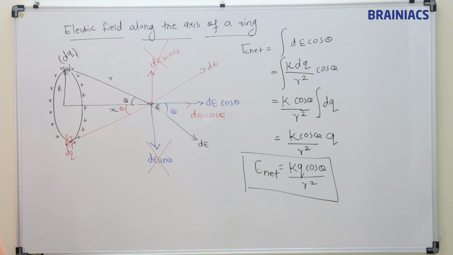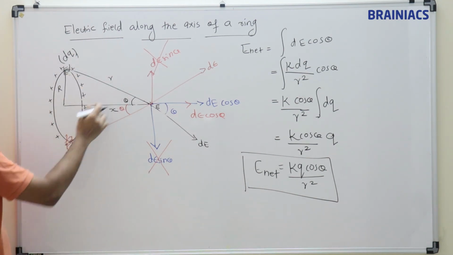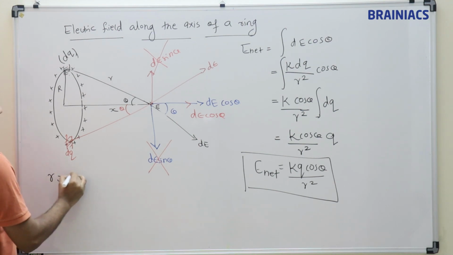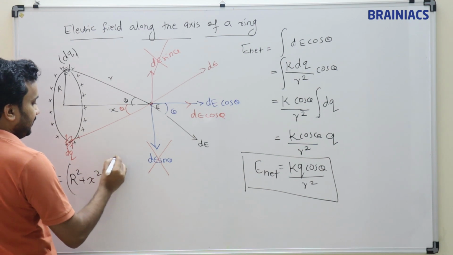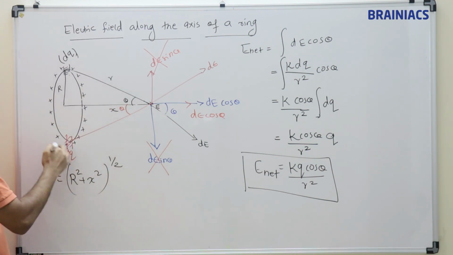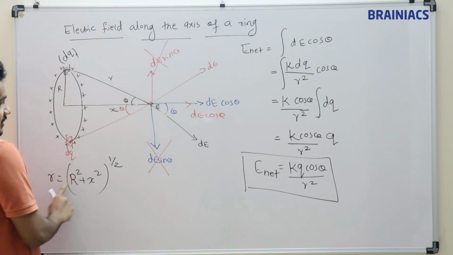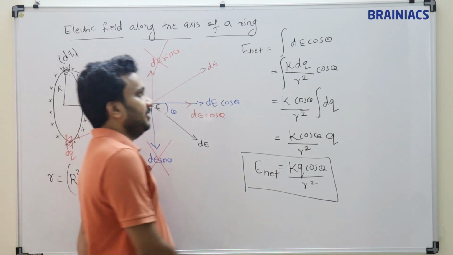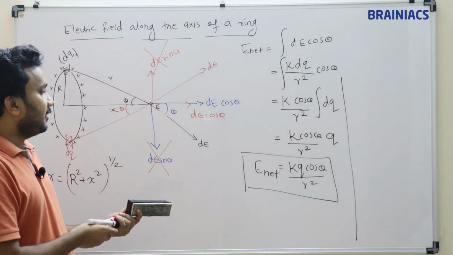These equations can be further modified. We'll see what this R is. R is a hypotenuse actually, right? R will be equal to root of R square plus X square, that is, whole power 1 by 2. Hypotenuse is equal to root of base square plus height square. So this R value we can substitute here. We'll take another color.